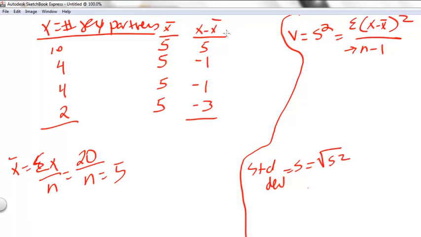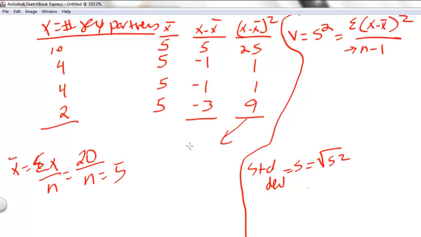Okay. Now, if we were to add those up, we'd get 0, so we're going to have to square here. 5 squared, 25. Minus 1 squared is 1, minus 1 squared is 1, minus 3 squared is 9.